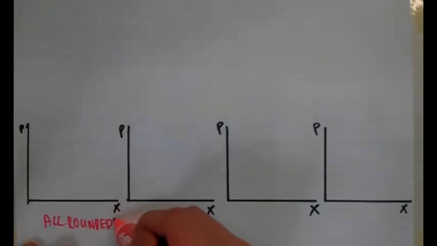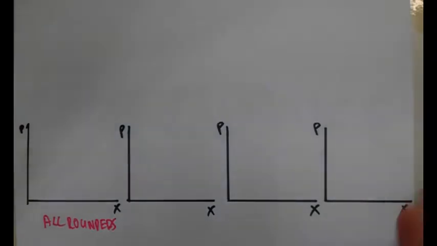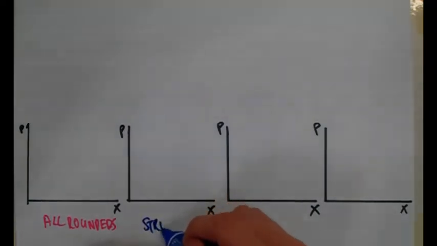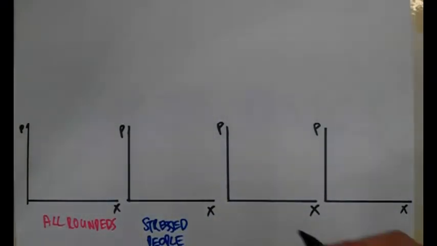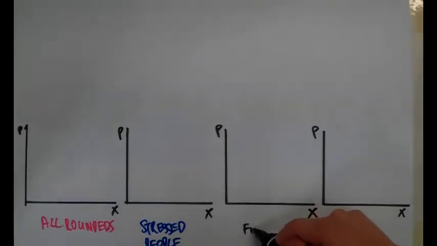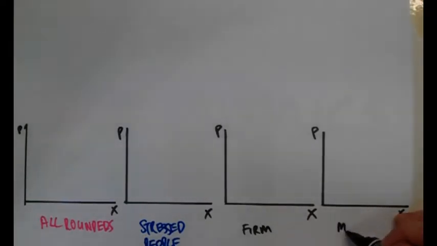And we have the stressed people, who are in blue. Next we are going to have the firm, a representative firm of all the firms in the industry that are producing books, and we have the market for books.